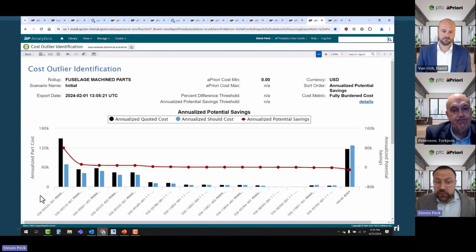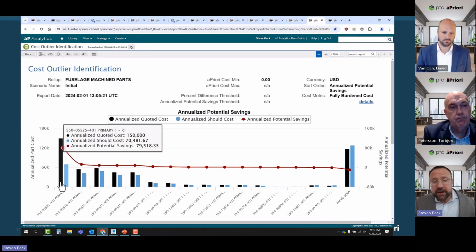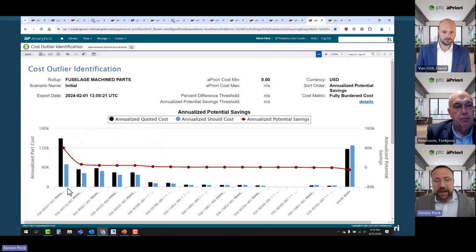And perhaps I'm sourcing new product, looking at all the parts that have been analyzed, what my current cost is and what the should cost is on those components, knowing where to focus and then leveraging the data.